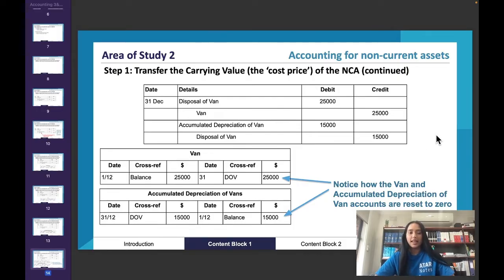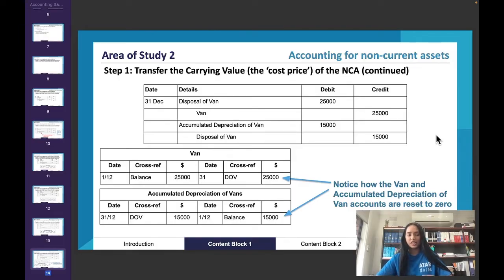And you'll notice that after these entries have been recorded, the van and accumulated depreciation of van accounts are now reset to zero. In the van's case, the opening balance was on the debit side, and then there was a credit entry of the same amount as that opening balance.